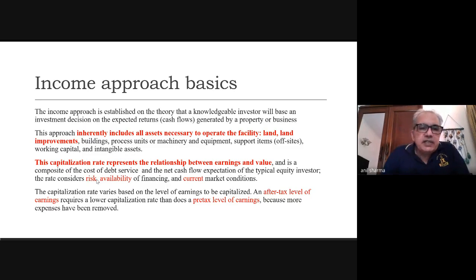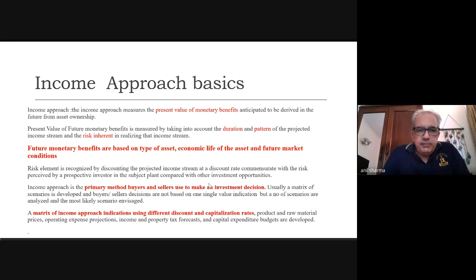The equity investors' expectations are based on the risk and the availability of financing in current market conditions. Debt servicing is likewise based on the availability of financing, the risk, and current market conditions, and so is the equity investors' cost of financing, right? We will cover this in more detail as we go along.